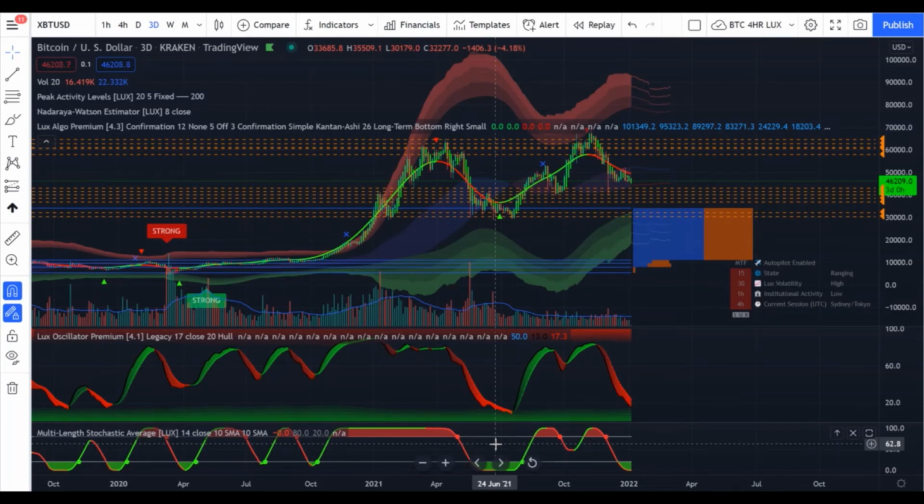So what we're looking at here is on June 24th, this red line right here comes down and it turns green on June 24th. The price of Bitcoin is $30,000. It goes up and then it turns red. That means sell. We got in at 30,000.